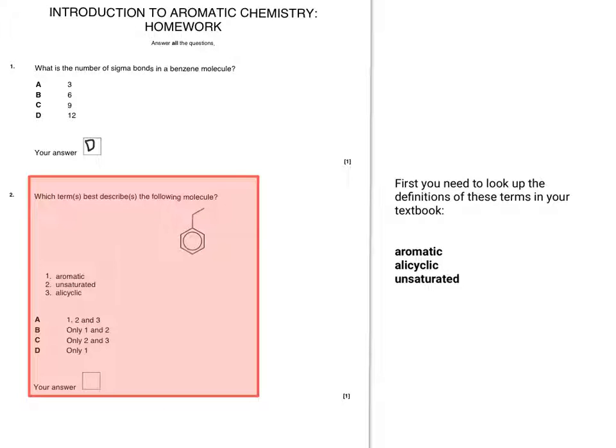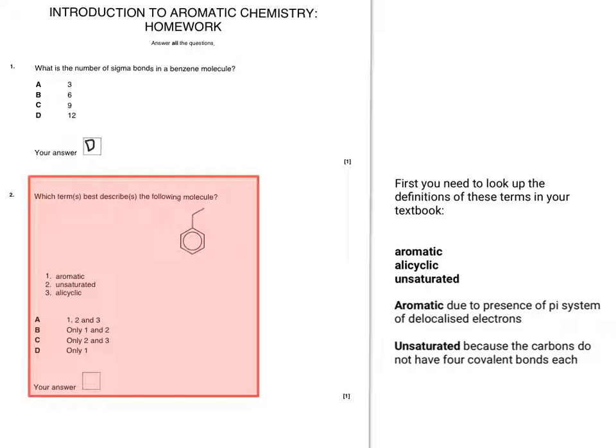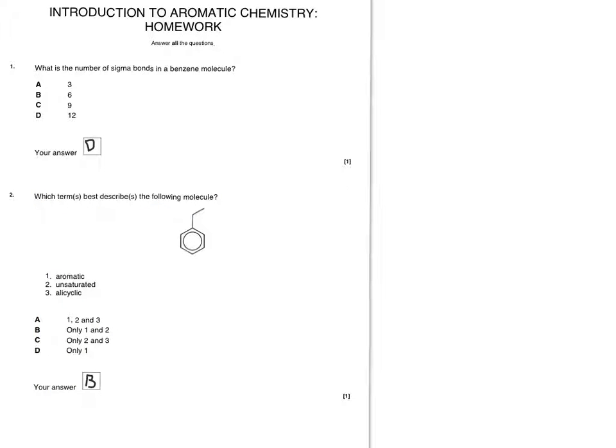There are no carbon-carbon double bonds there, but it can be argued that the aromatic ring is unsaturated because the ratio of carbons to hydrogens doesn't involve a complete quota of single bonds. So it's going to be aromatic and it's going to be unsaturated. If we look at the two meanings of aromatic and unsaturated and apply them, you can see why it's going to be answer B.